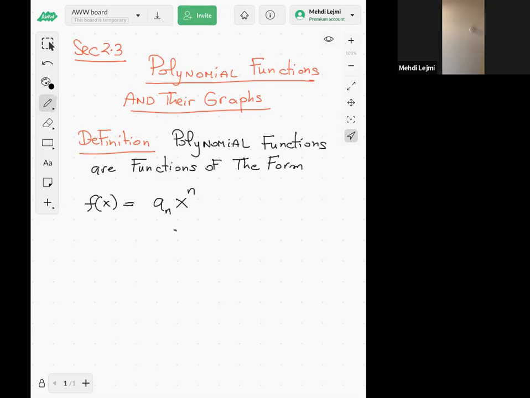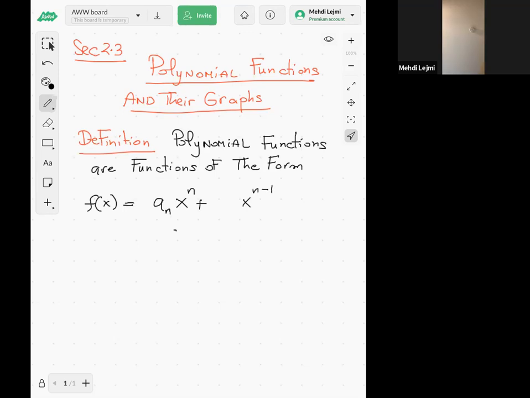Then of course, as I said, you think of a polynomial as a combination of powers of x. So let's say the highest power of x is n. Then before that you have x to the power n minus 1.